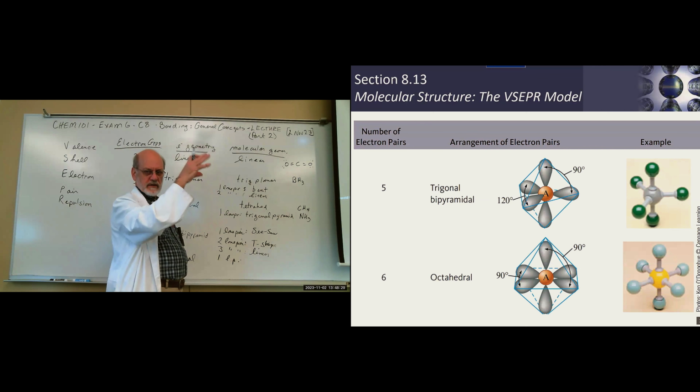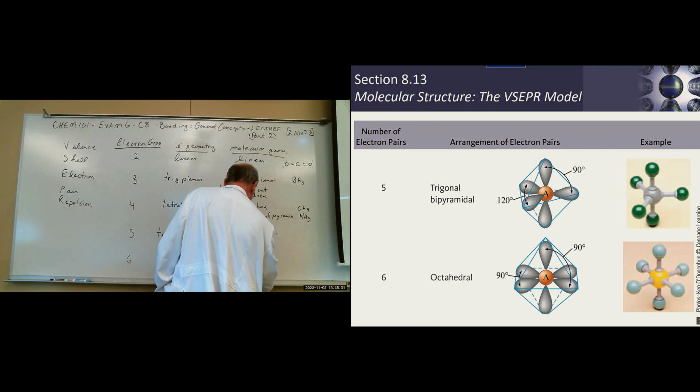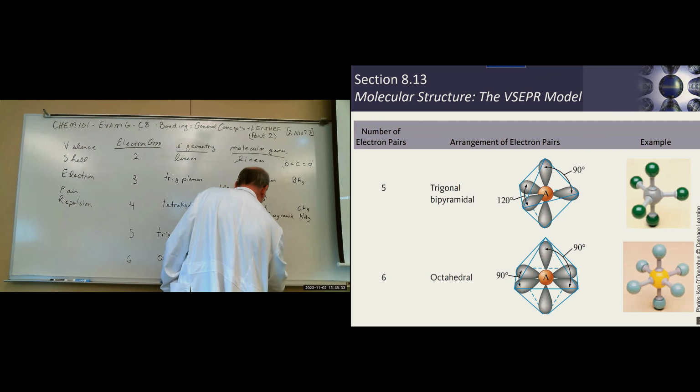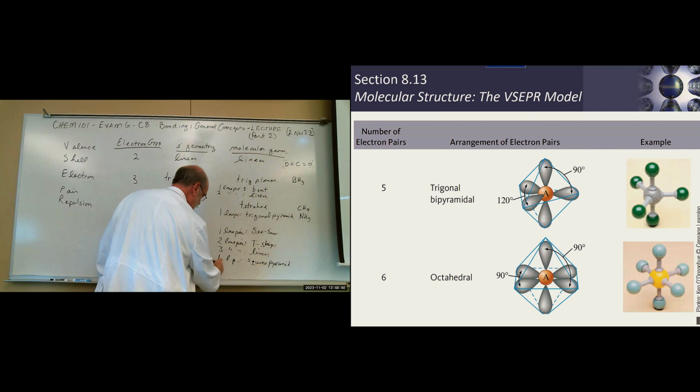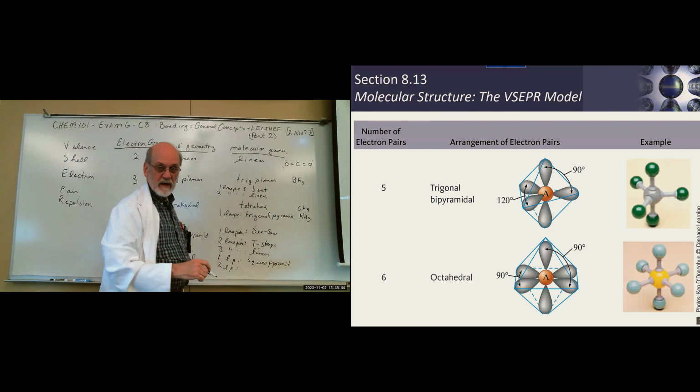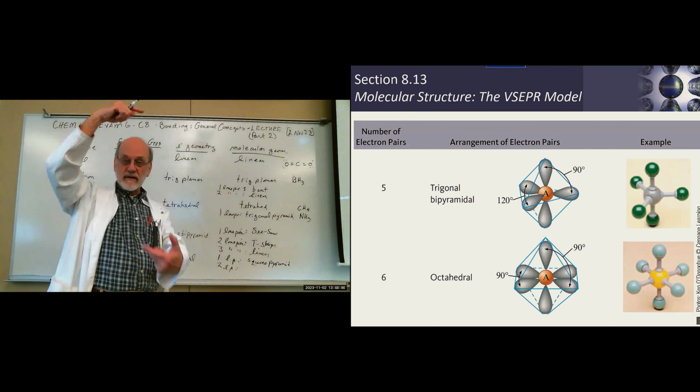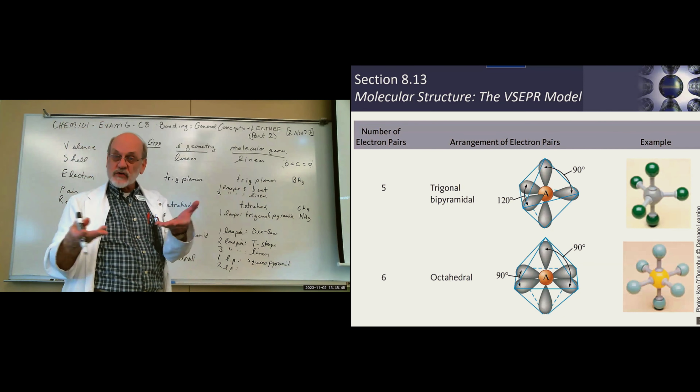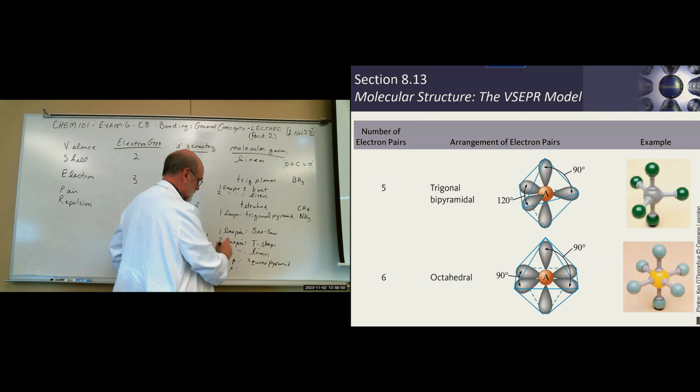You have a square base and the rest of it's pyramid. So a square pyramid is the molecular geometry. If you have two lone pairs, then they occupy both apexes, and now you have a square planar molecule.